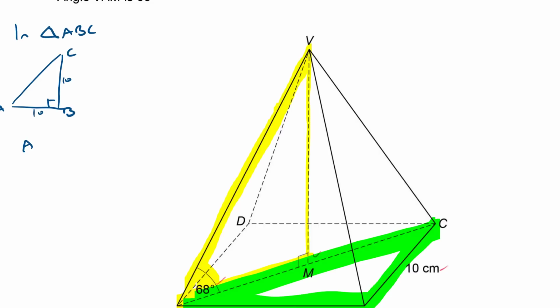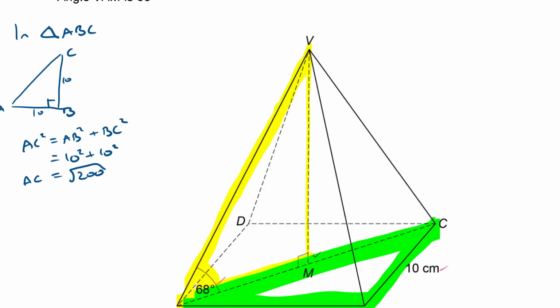So AC all squared is equal to AB squared plus BC squared using Pythagoras' theorem. That's equal to 10 squared plus 10 squared, which is 100 plus 100, that's 200, isn't it? So AC is going to be the root of 200. So AC is root 200.